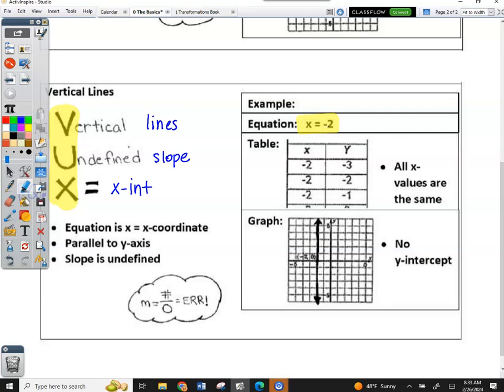You would think to yourself, bucks, V for vertical. I'm going to drop a vertical on the x-axis at what number? -2. So I'd go to the x-axis, I'd find -2, and I would drop a vertical. And there's my line. If I looked at the T-chart, it would be uninteresting because all the x values would be -2.